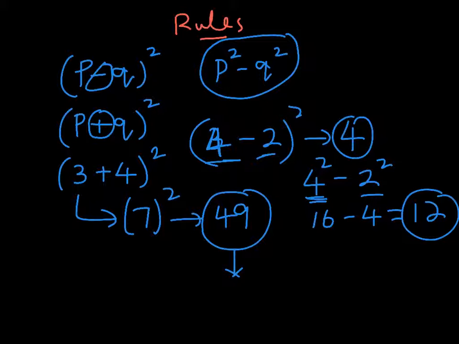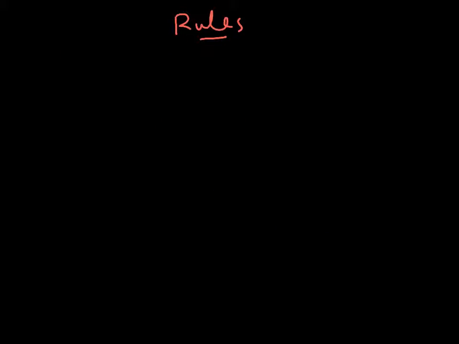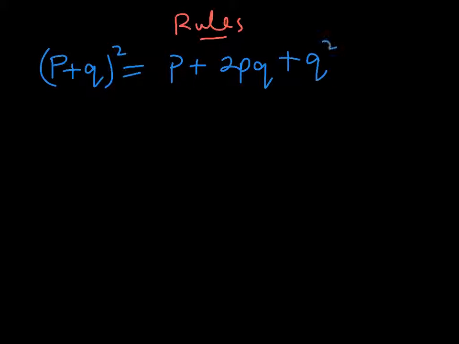Okay, now let's go on and look at the rules. When you have a perfect square like (P plus Q) squared, when you expand it, we're going to look at the expansion later on in a future lesson, but the expansion is usually in this form: P squared plus 2PQ plus Q squared.